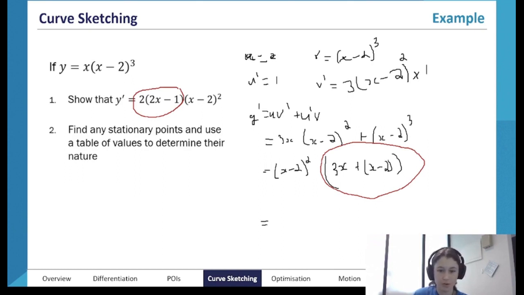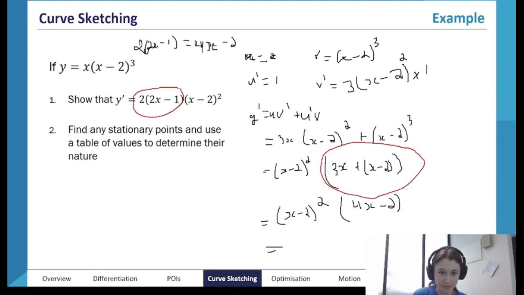So what I'm going to do here is just expand what we have and see where that gets us. We're going to have 3x plus x, which gives us 4x take 2. What I recognize here is that for this second part, we can factorize out 2 and be left with 2x take 1, because 2 times (2x take 1) is equal to 4x take 2.